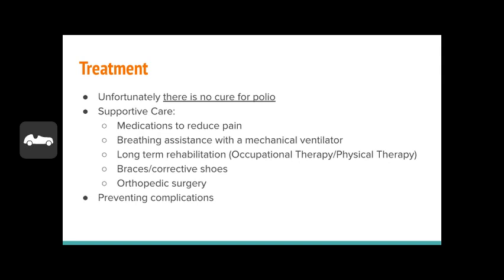This also includes braces and/or corrective shoes, and even at times orthopedic surgery. However, in addition to the supportive care, they also want to prevent complications, so preventing the symptoms from becoming worse.